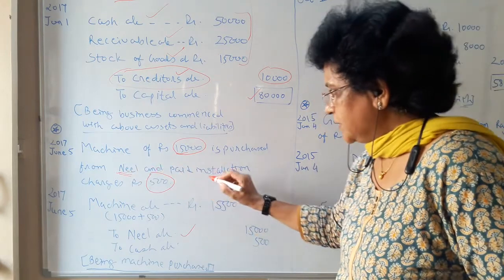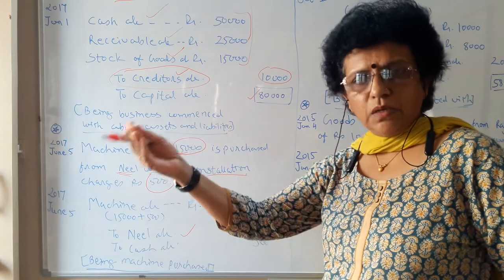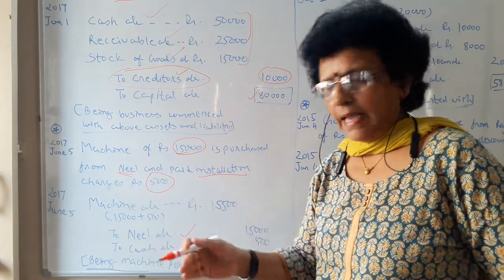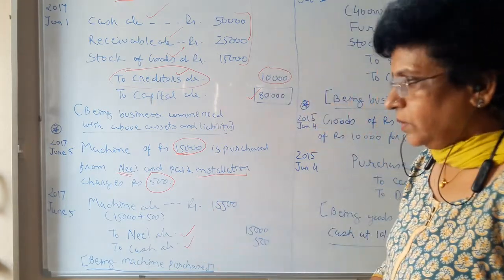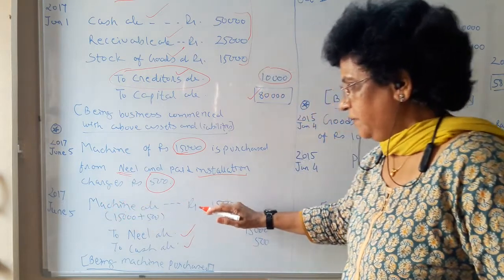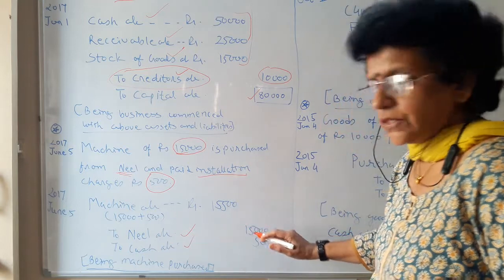And the installation charges which you have paid, you have paid to the laborer, to the worker, so you have to pay by cash. So that installation charges will come as "To cash". So the total journal becomes: machine account debit 15,500, to NIL account, to cash account.